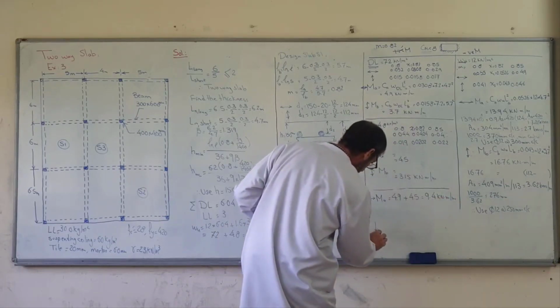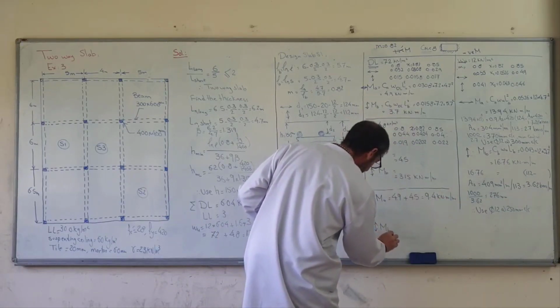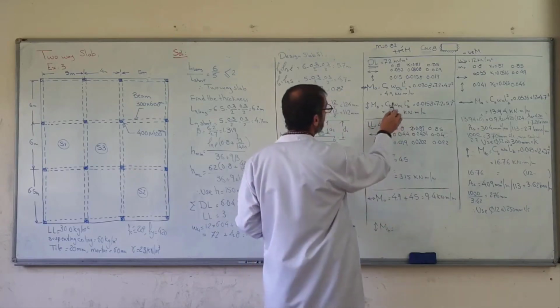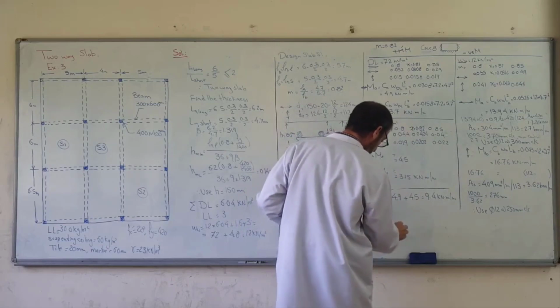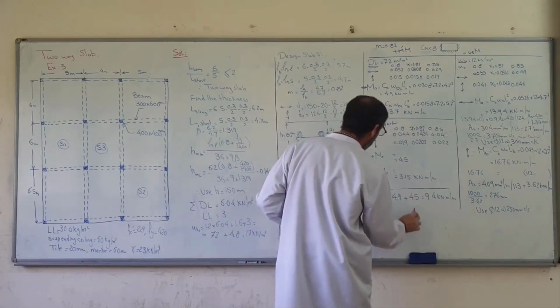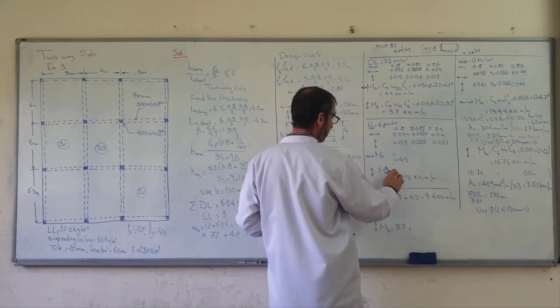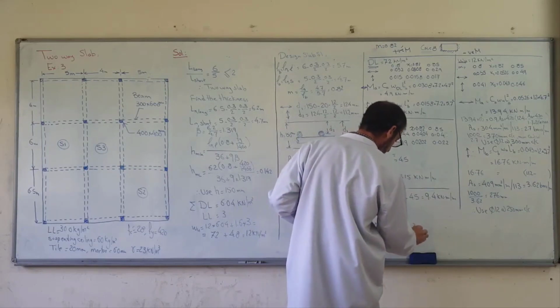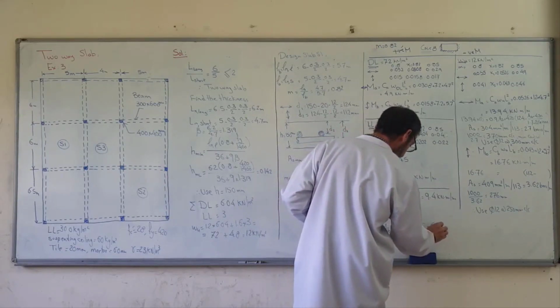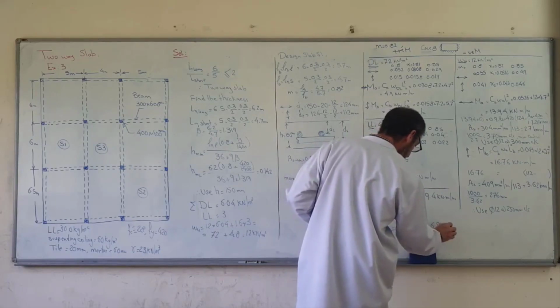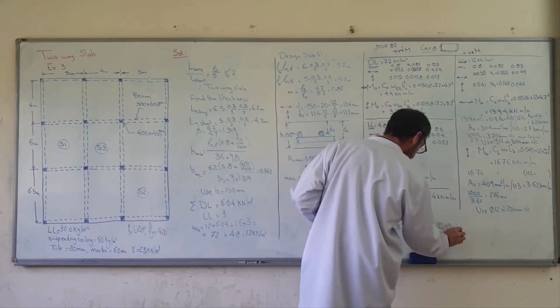Short direction MA, MB. This is short, long direction, sorry, long direction: 3.7 plus 7.5 is equal to 6.05 kilo Newton meter per meter.